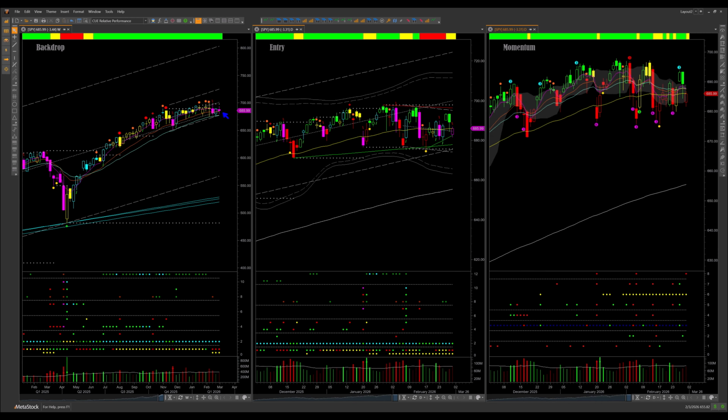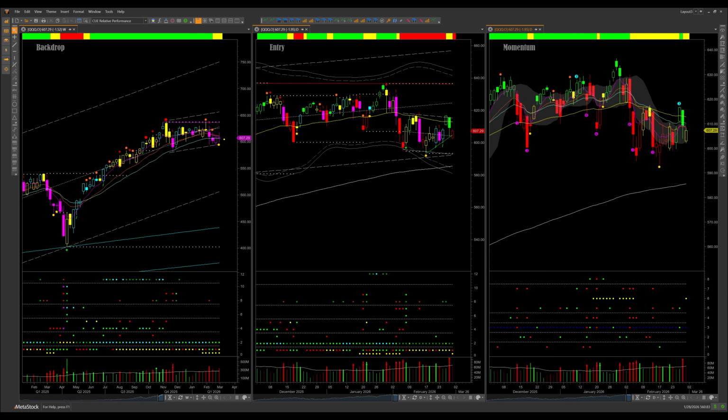SPY. In the weekly, it has a doji-like candle. It is moving inside a narrow range. The daily is also inside a range created by trendline resistance at the top, trendline support at the bottom. It is right in the middle of the range. That is a no trading area. SPY is very indecisive.